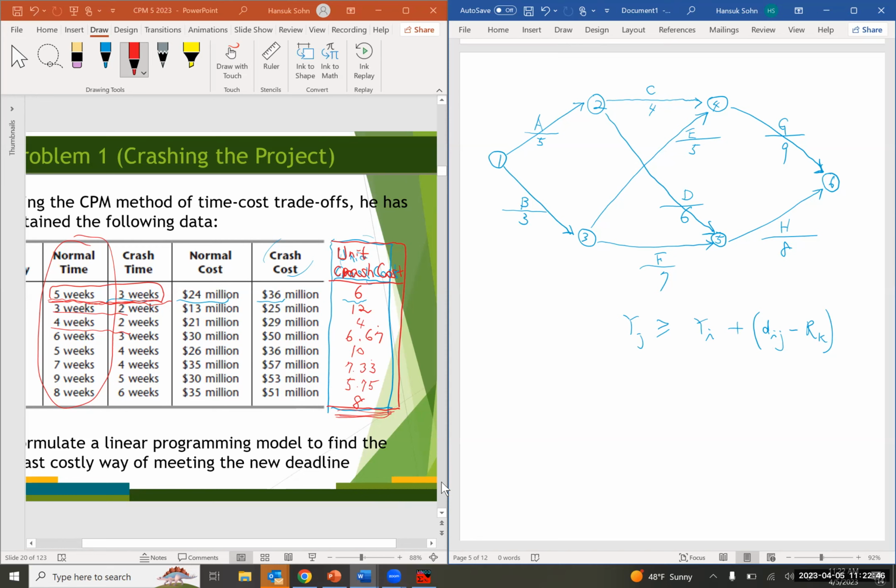So for example, here, if you consider arc 1, 2, then you're going to have y2 is greater than or equal to y1 plus 5 minus r sub a, right? Up here.